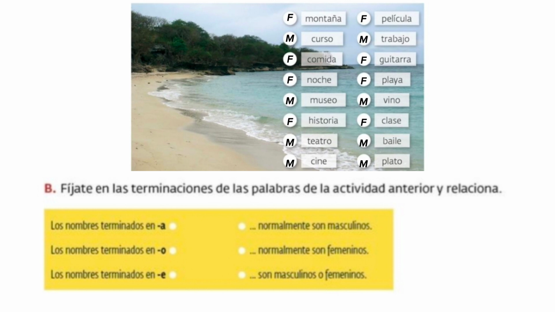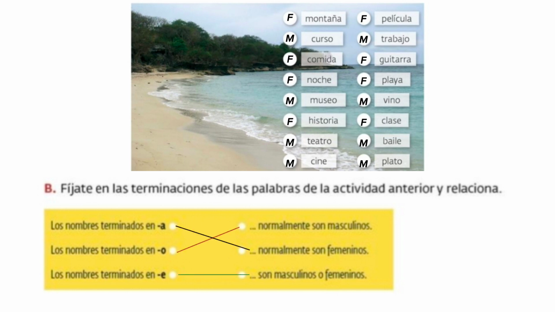And the ones ending with O are curso, museo, teatro. The ones ending with E are noche and cine, like that. So now you have to classify whether the ones ending with A are normally feminine or masculine, or are they both? They could be masculine or feminine. And your answer will be displayed in 3, 2 y 1.